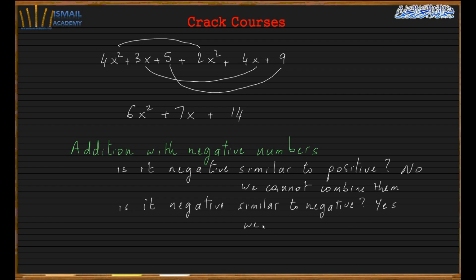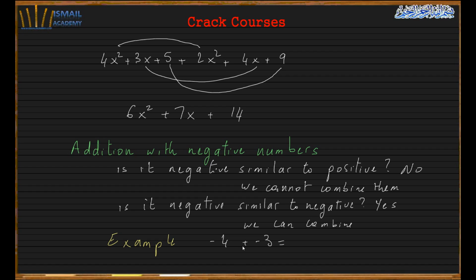That means we can combine negative with negative, but you cannot combine negative with a positive. So if I choose an example here, if I have minus 4 plus minus 3, both of them are negative, so I can combine them.